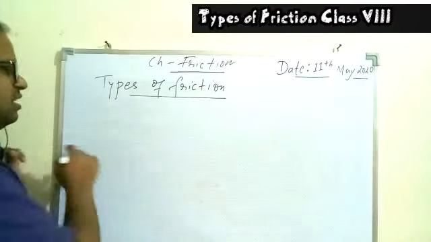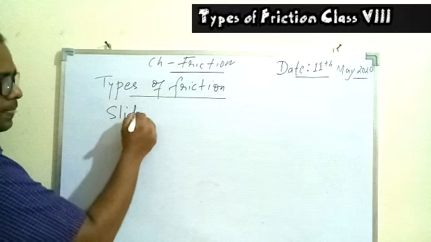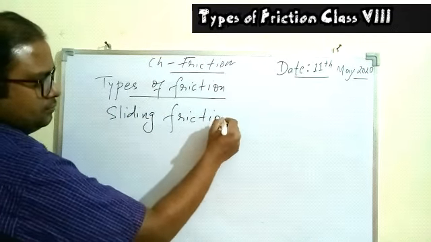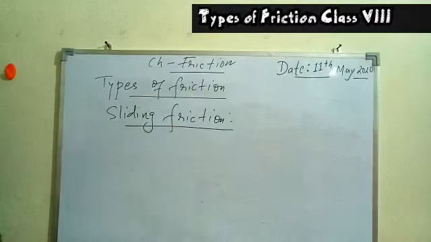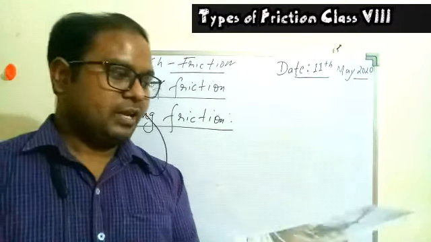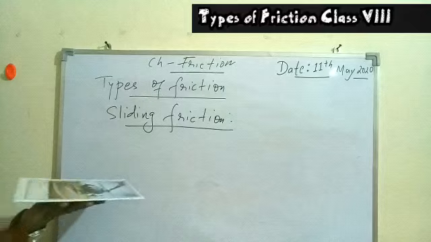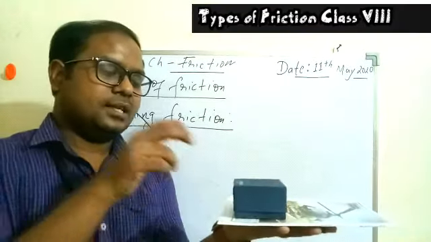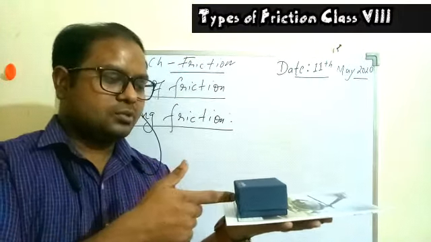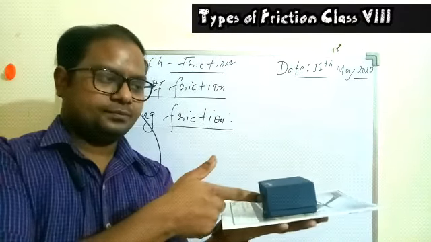Okay, so next we have sliding friction. So we understood if we have the surface and the object is at rest, we start applying the force, after some force it will start moving and then it will slide.